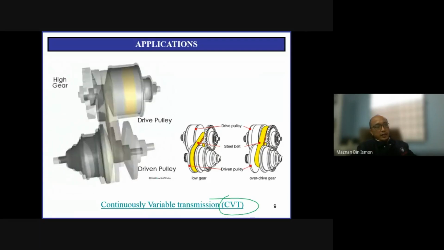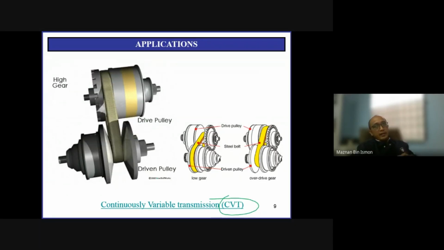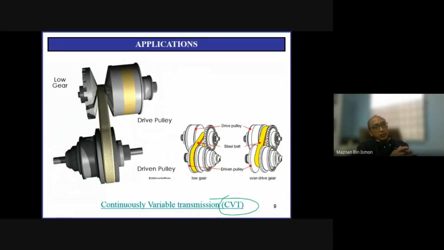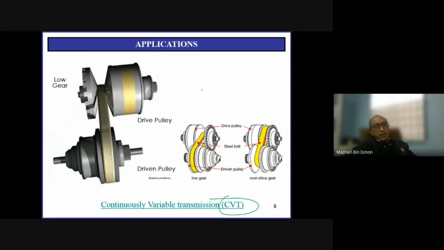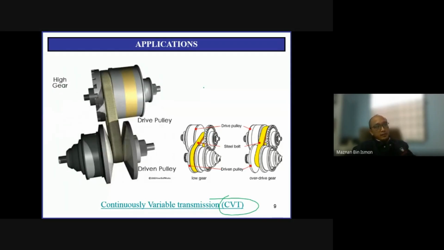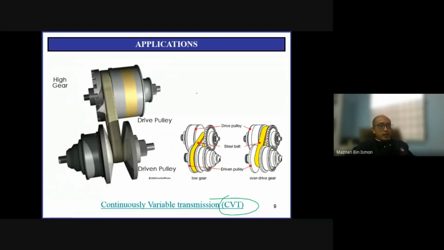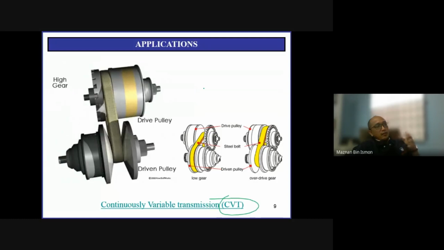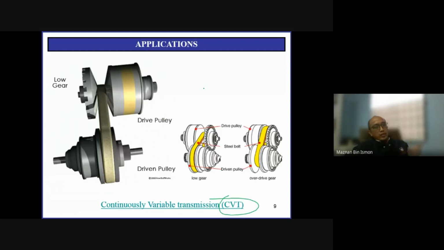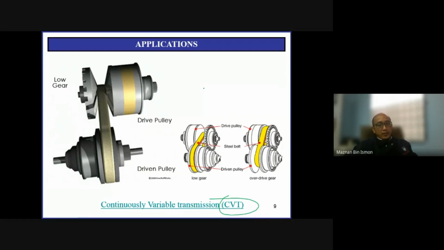When you accelerate from 0 to 100, let's say, you won't feel the gear change from gear 1 to gear 2 to gear 3 because of this continuous variable transmission. They're very smooth compared to the previous automatic system, still in automatic cars, tapi dalam automatic punya transmission. So by the time it change from gear 1 to gear 2, at least you can feel the jerk, the changing from gear 1 to gear 2, 2 to 3 and so on. Compared to CVT, you tak boleh rasa lah, they're quite smooth.